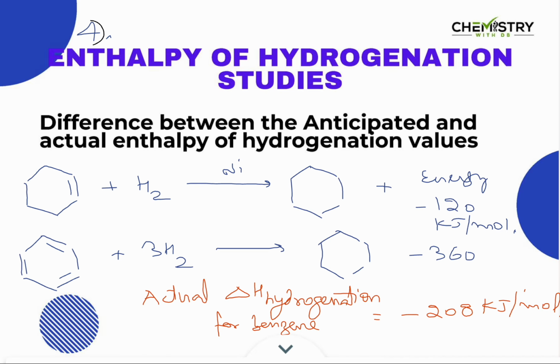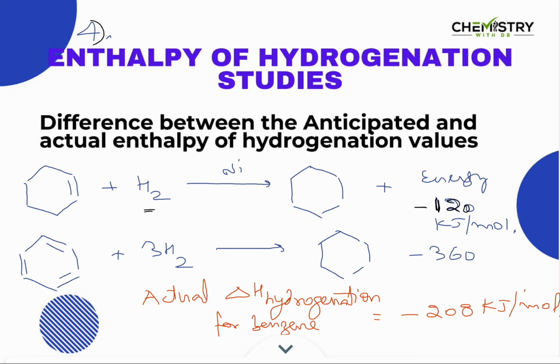The fourth very important piece of evidence came from the enthalpy of hydrogenation studies. Hydrogenation is when you add hydrogen across a double bond to turn a double bond into a single bond. When you added one hydrogen molecule to cyclohexene, that is one double bond, cyclohexane was formed and energy to the extent of minus 120 kilojoules per mole was released.